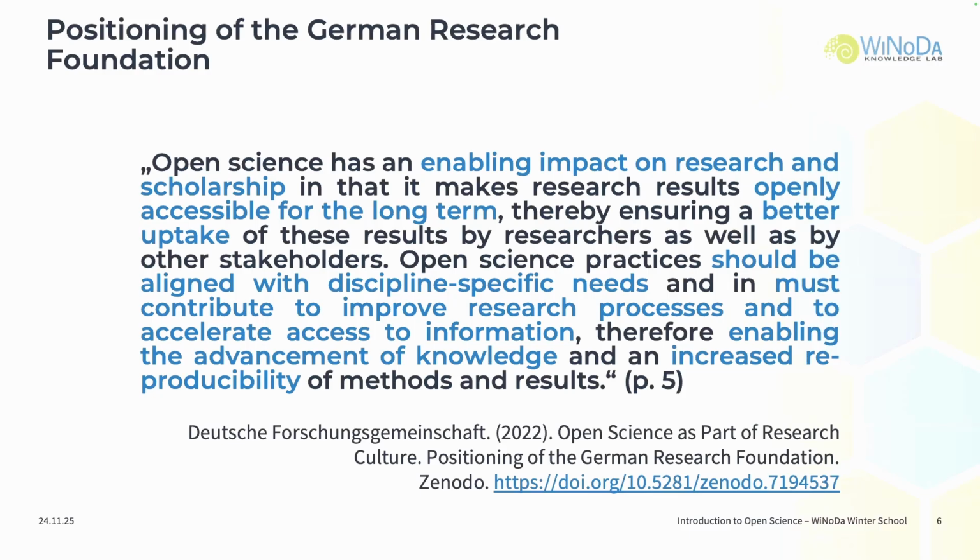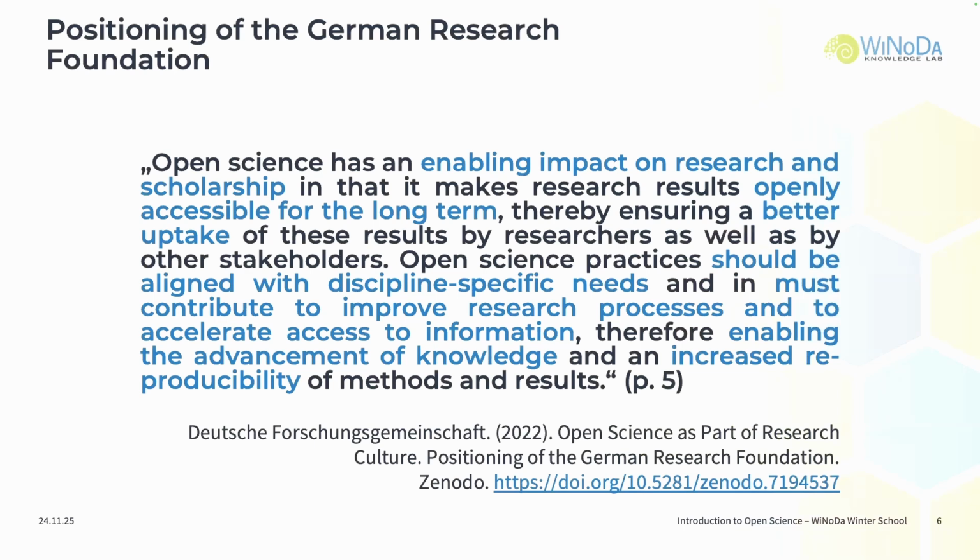As we see here, open science for the DFG is about scientific progress in the first place, and the effects for society aren't even in the citation. They are in the positioning or in other places, but they're a secondary thought. So for the DFG, open science is about science, whereas the UNESCO sees open science more broadly, also in its effects for society.